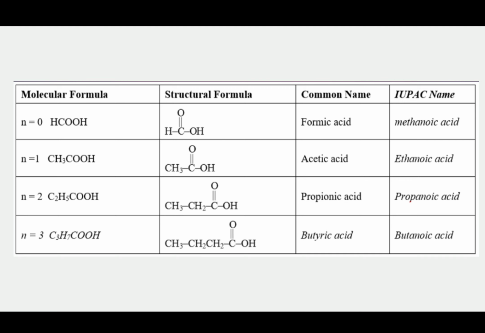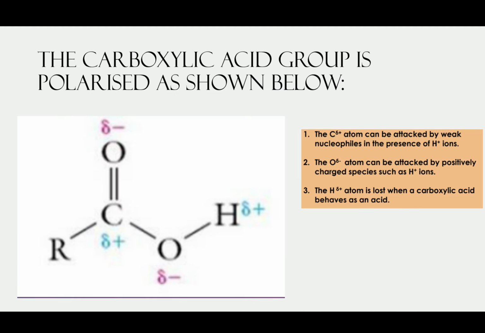Okay. So let's continue. The carboxylic acid group is polarized. We know that there are electronegative elements in the compound. The most electronegative element in the carboxyl group will be oxygen, all right? Circling the oxygen in the molecule.